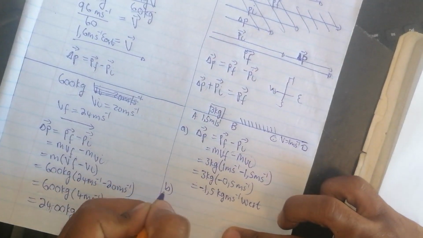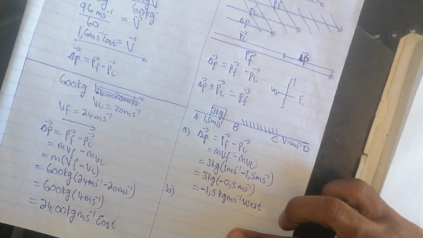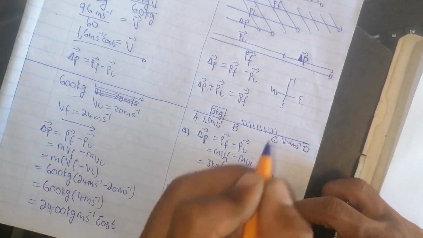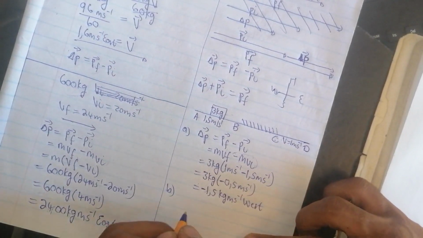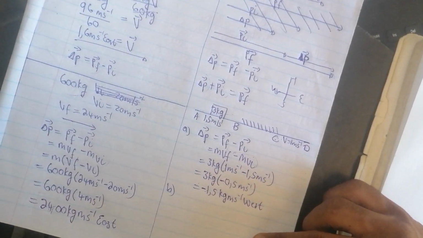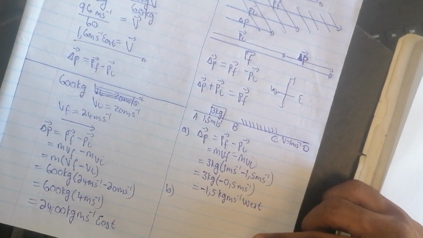Very important. B. Use a vector diagram to illustrate the relationship between initial, final, and change in momentum. They are asking for exactly what we did in the previous. So this is what I'm going to do. Something worthy of noting.